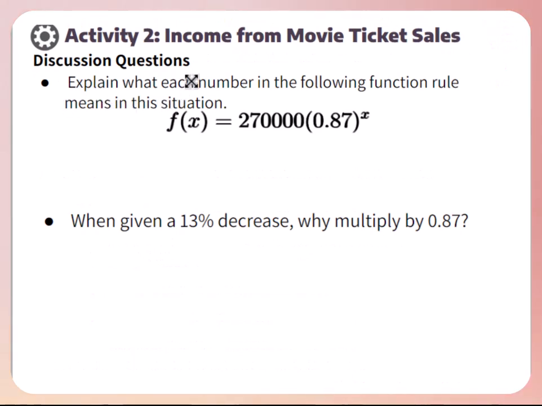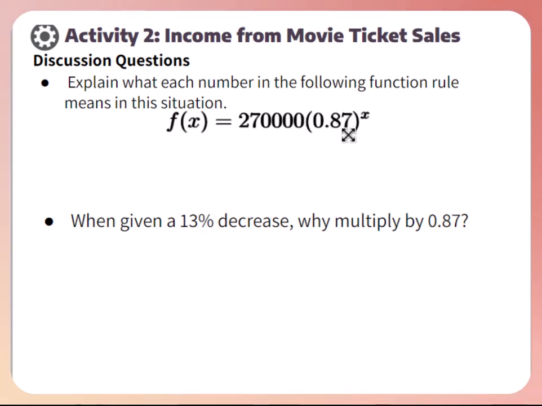All right, activity 2, income from movie ticket sales. Explain what each number in the following function rule means. All right, the f of x equals 270,000. 270,000 is the initial amount, and then 87% or 87 hundredths is the amount that's left after the first week or second week.